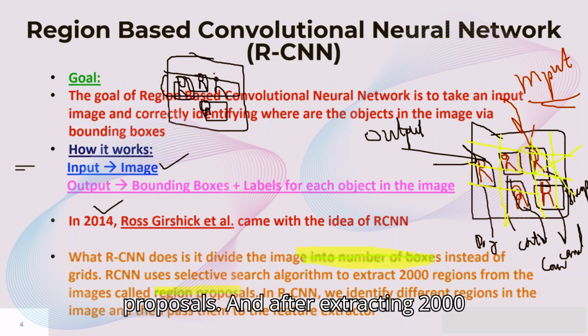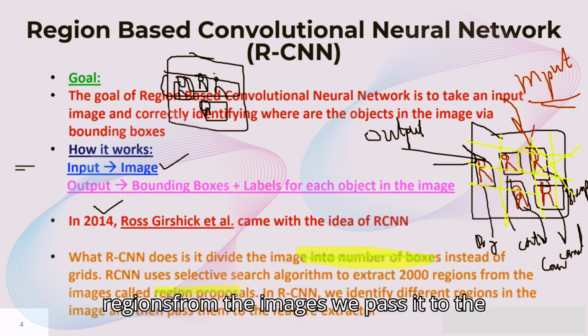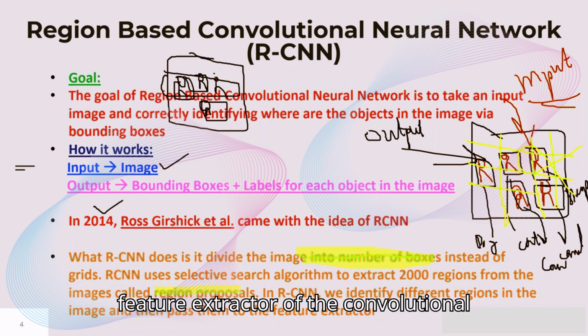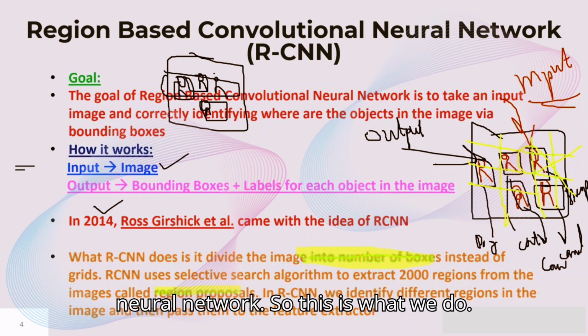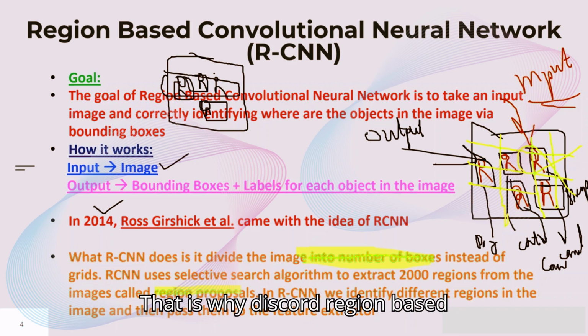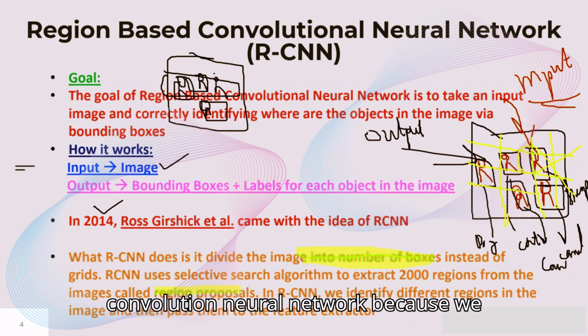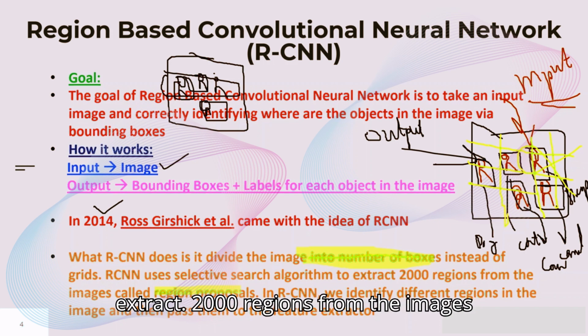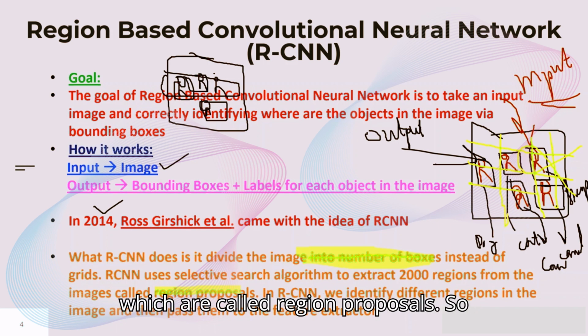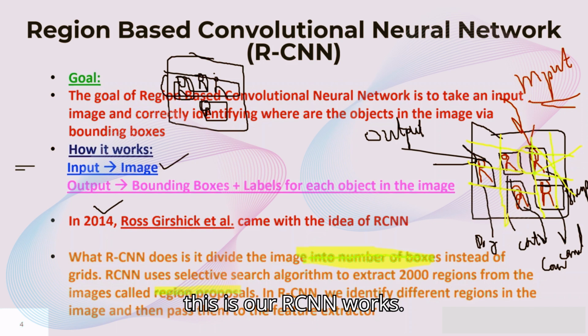After extracting the 2000 regions, we pass them to the feature extractor of the convolutional neural network. This is what we do. That is why it is called a region-based convolutional neural network, because we extract 2000 regions from the image, which are called region proposals. So this is how RCNN works.